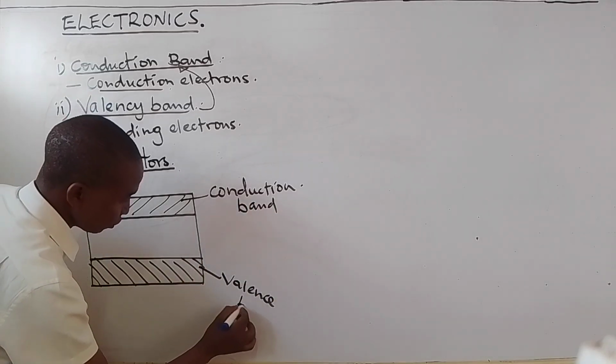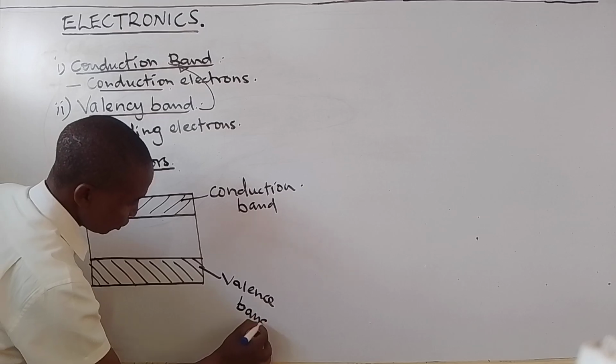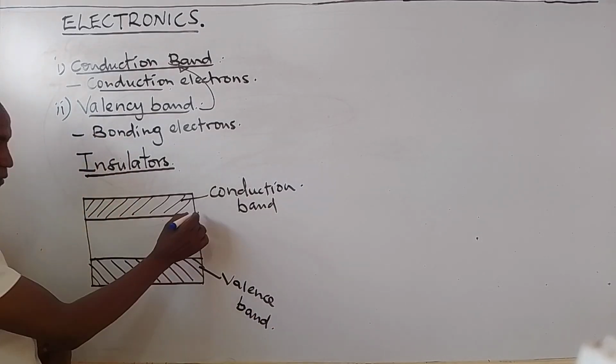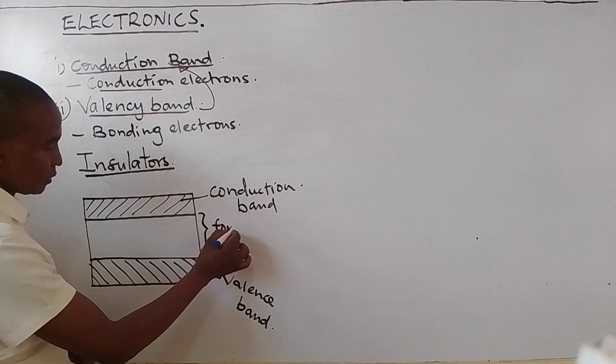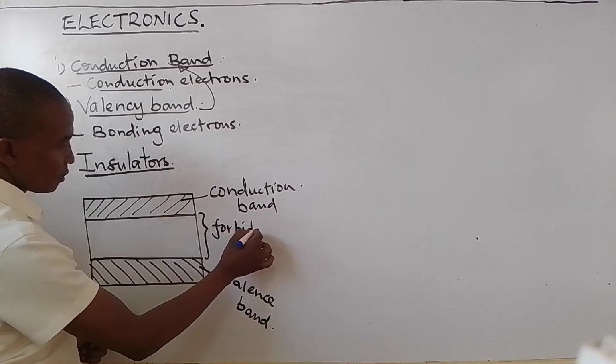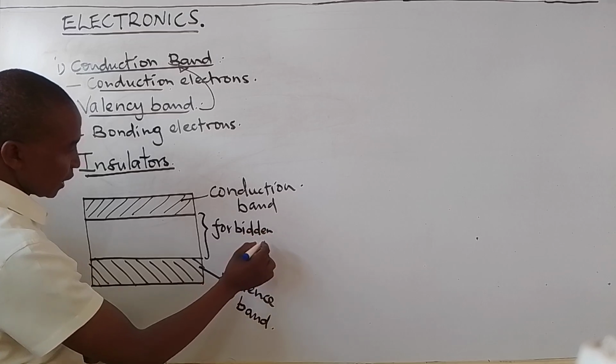In between, you notice there is a very large gap. This gap is called the forbidden gap, or energy gap.